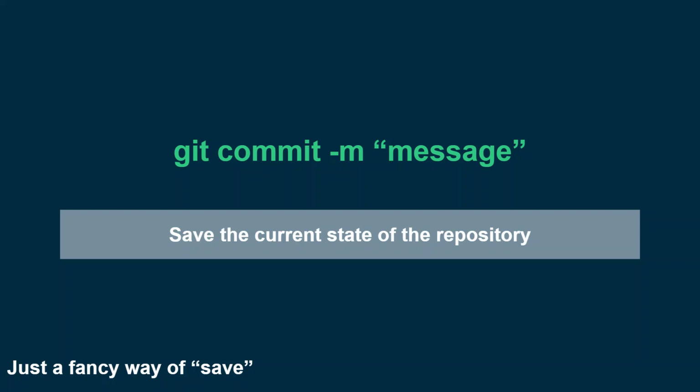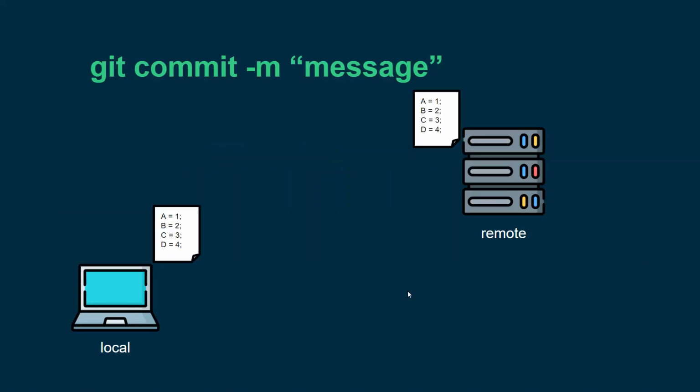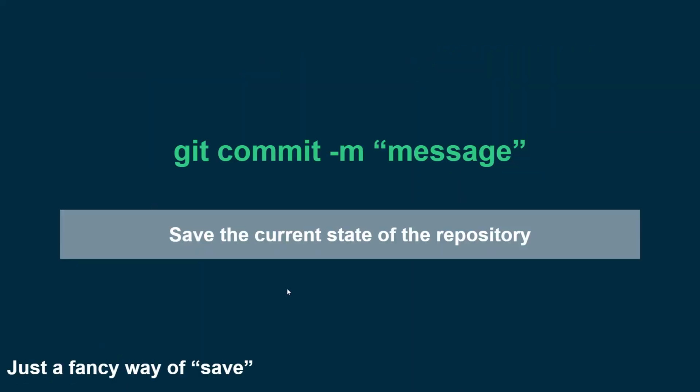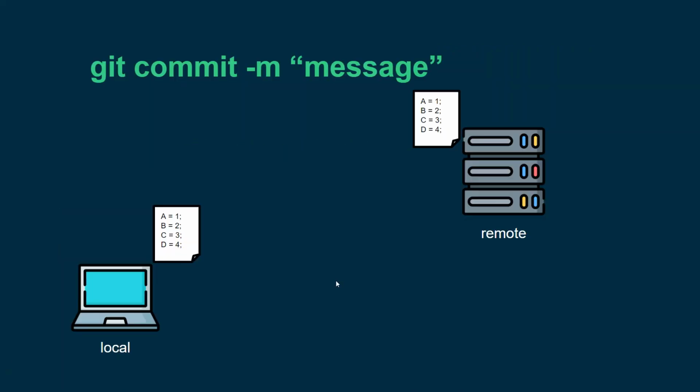So let's look at this simple animation we made. So in the local, you made changes. Okay. Focus on the animation. You see, the remote didn't have any changes. My animation only shows that changes were made at the local. The remote hasn't received any changes.